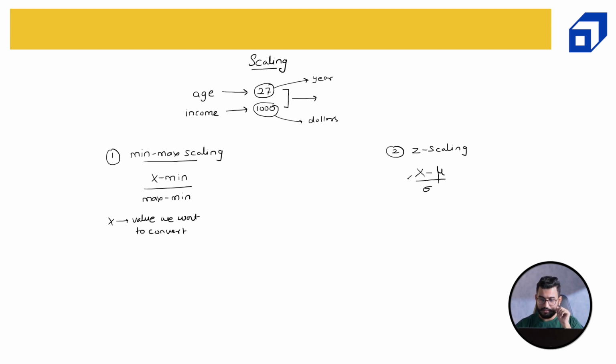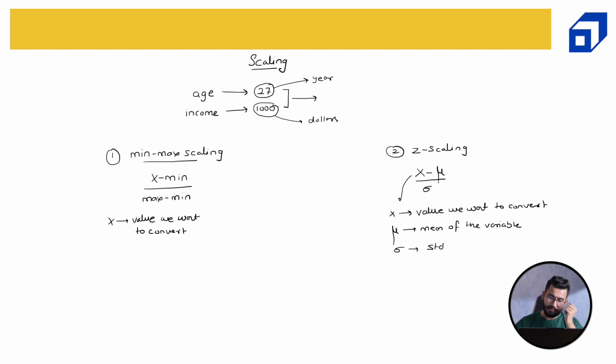What is x? x is the value we want to convert. Mu is the mean of the column, mean of the variable, and sigma is the standard deviation of the variable. So we have this formula.